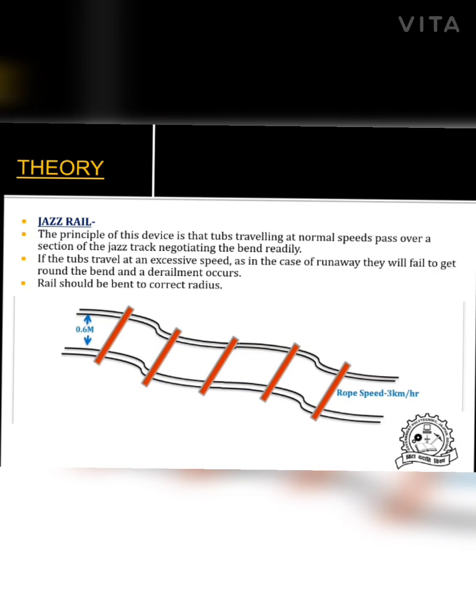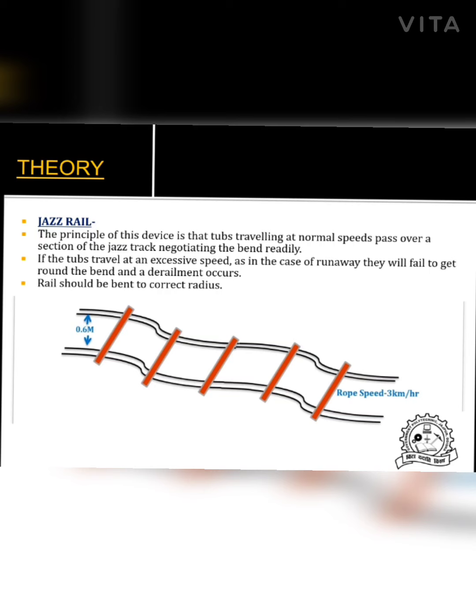This is another type of safety device generally used in the transport system in haulage roadways. The basic principle of the Judge Rail is that when the tops travel at normal speed, they pass over the section of Judge Rail, the bending portion called the Judge Track, negotiating the speed and the bend readily.